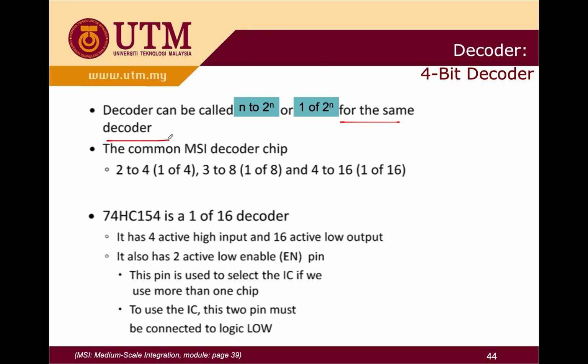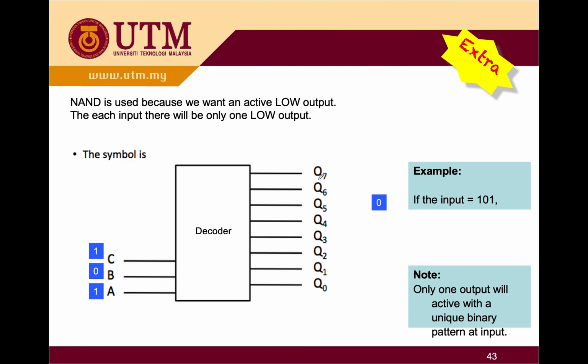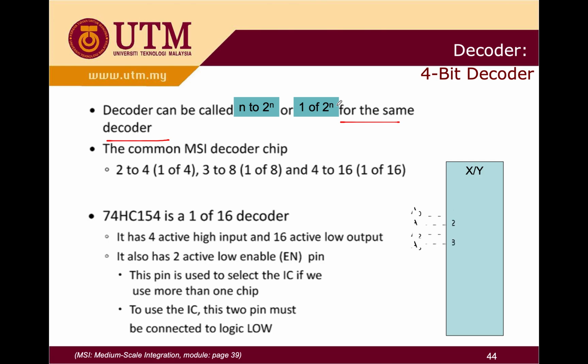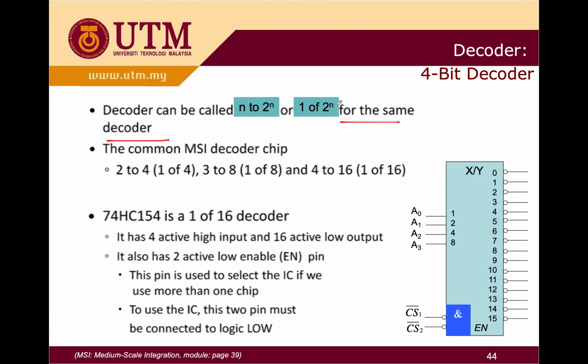The common MSI decoder chips are 2 to 4, 3 to 8, and 4 to 16. So what is this? It's like this: you have 3 inputs and these are your outputs, 3 to 8. If, let's say, you have 4 inputs, you get 2 to the power of 4, equal to 16 outputs.